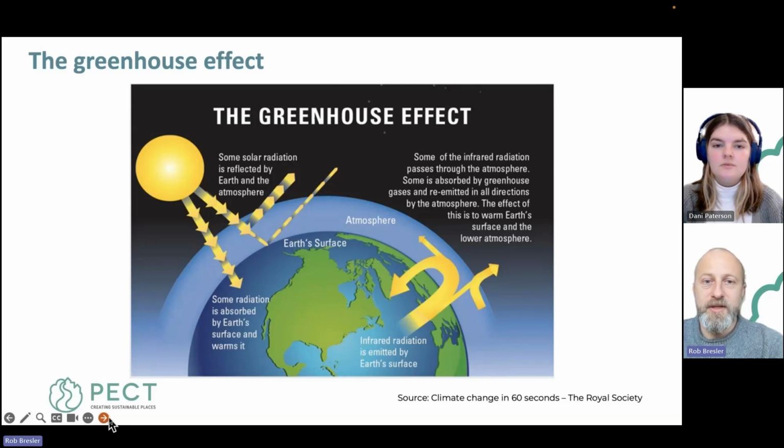That also happens with cloud cover, which will reflect back some of this solar energy. However, where we have greenhouse gases such as carbon dioxide, methane, and others, these gases absorb that heat, radiate it back out slowly, and contain it like a blanket around the Earth. This is where we get the greenhouse gas effect, which causes global warming and climate change.